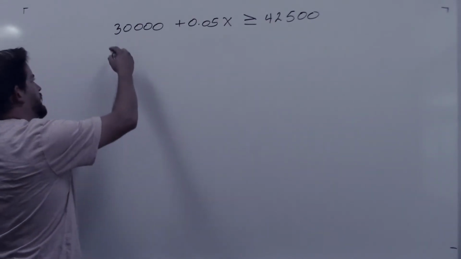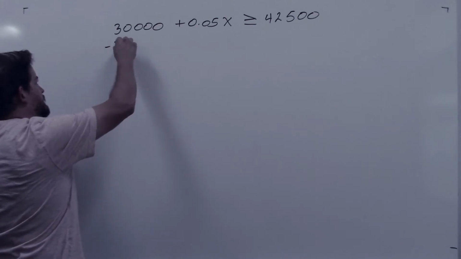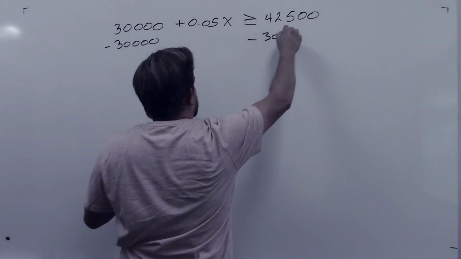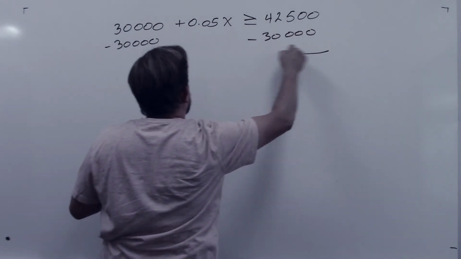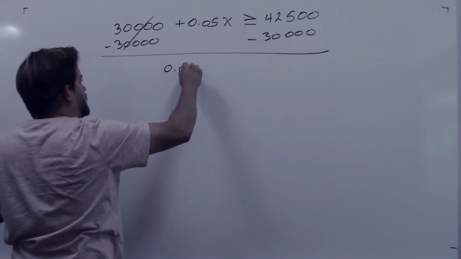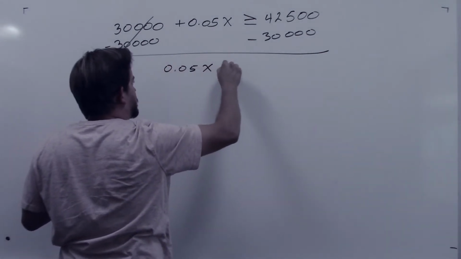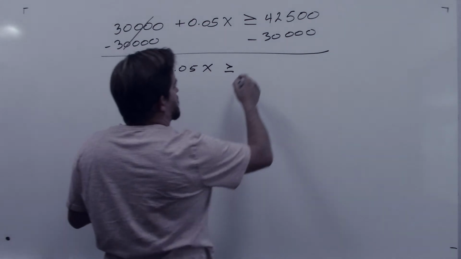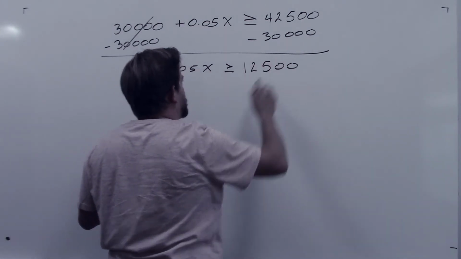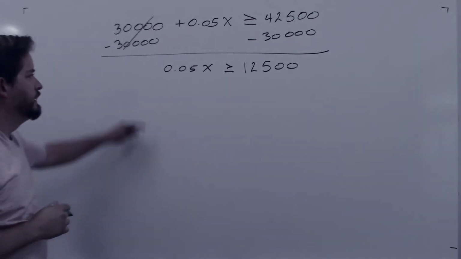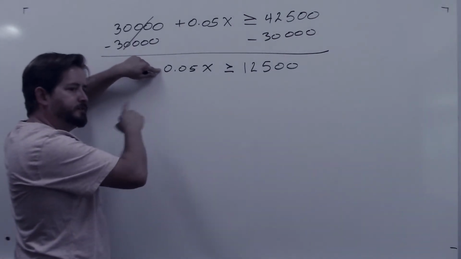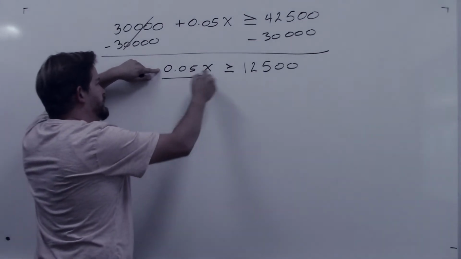I'll start by subtracting 30,000 from both sides. This gives me 0.05x greater than or equal to 12,500. And then I'll divide by 0.05. Since I'm dividing by a positive, I don't need to worry about changing my sign.